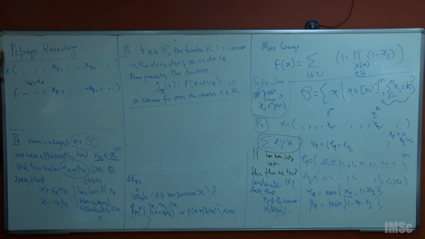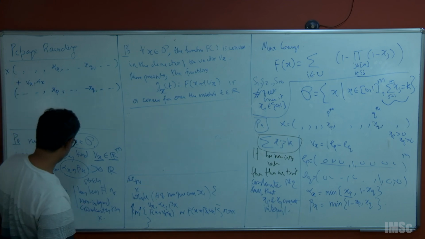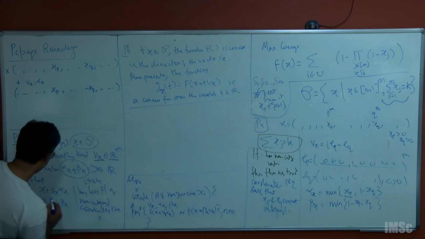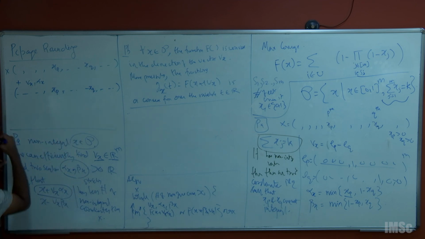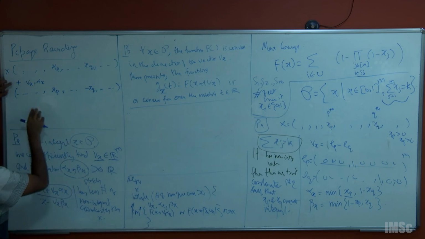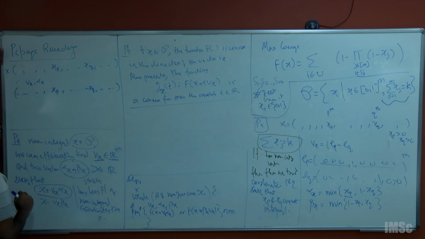Why? Because it's Vx plus alpha x, no? It depends on what I choose. This is x plus Vx plus alpha x. I'm not adding it; I'm saying, what is this Vx alpha x? Why? Because the minimum is xp.